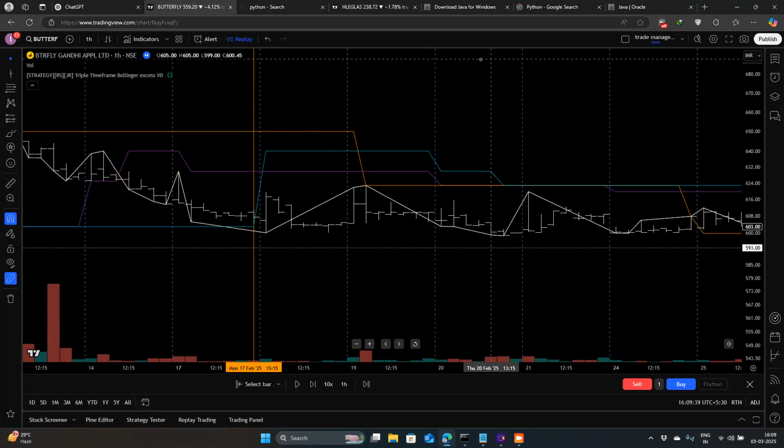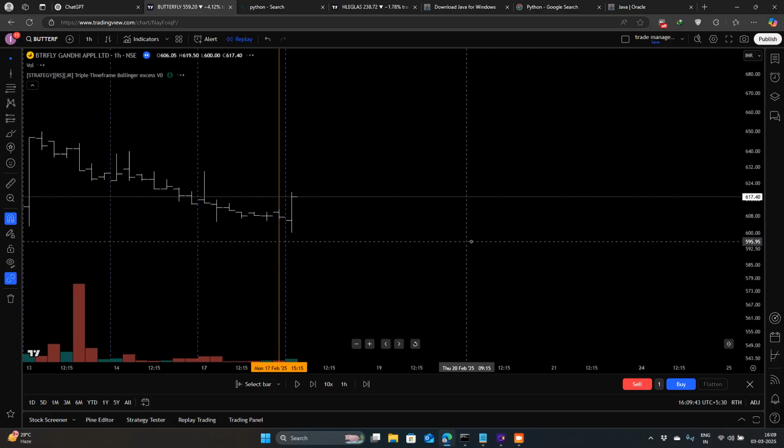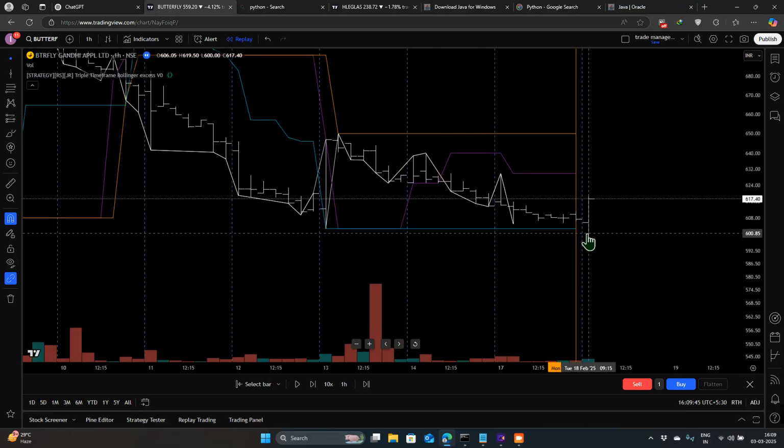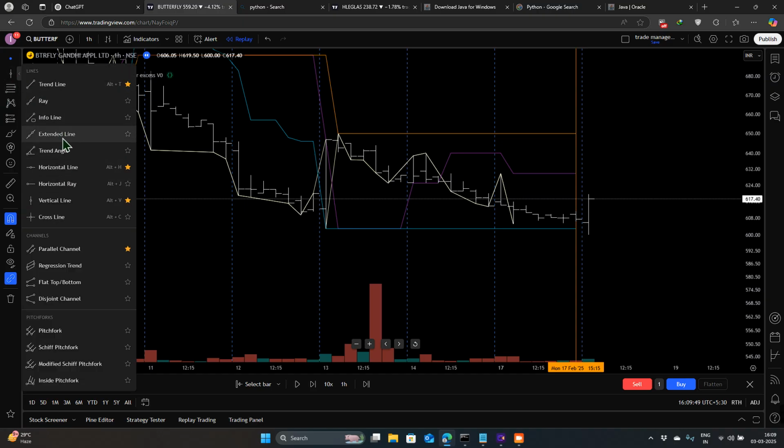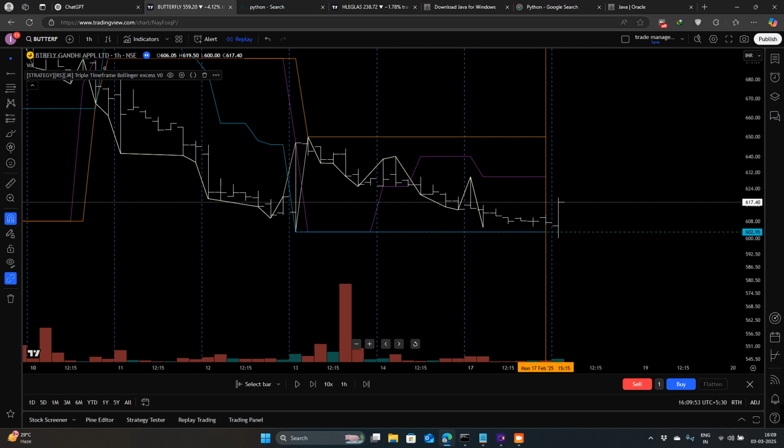So it just, I don't know what happened there. Let's zoom in a little bit. Okay, as soon as it hit this point again, we could have entered the trade. It was one point, and then let's come to 15 minutes.